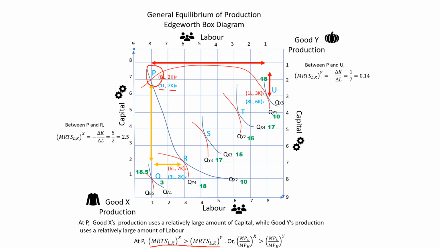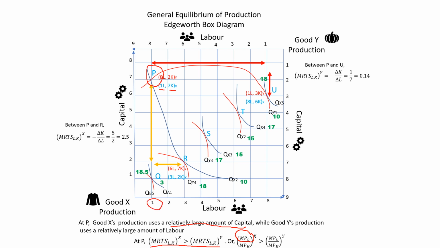In other words, a relatively larger amount of capital is being used in the production of good X, which is clothing. Now, since there is an abundance of capital in the production of good X, what we are likely to find is that the relative productivity of labor is going to be higher, since the amount of labor being used is too small.